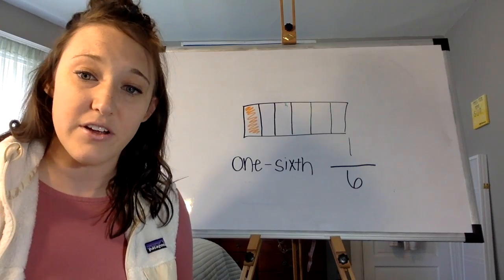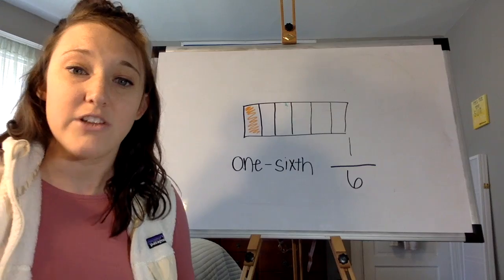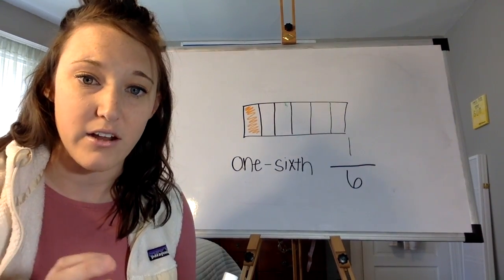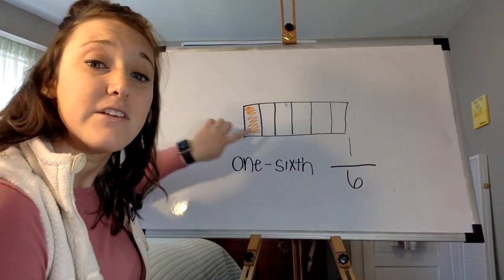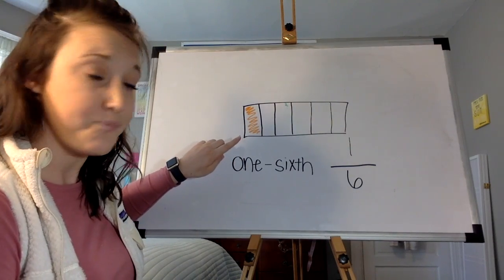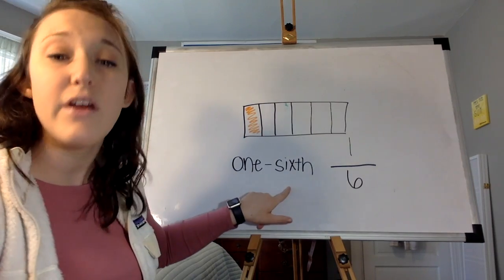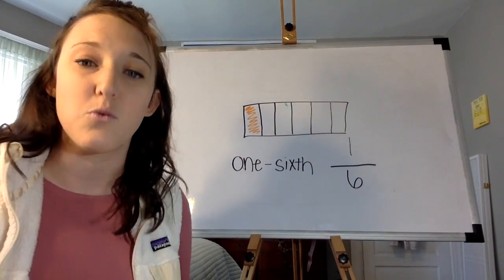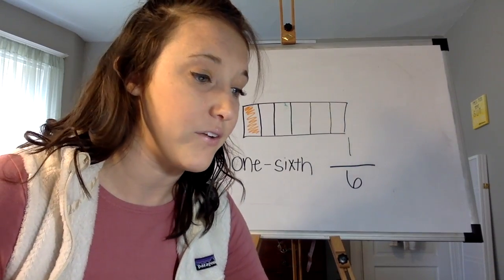So when naming the unit fraction, the first number is always going to be your numerator. It's always going to be the part of the fraction that we're looking at, okay? So the part that's shaded in, one part of the 6 equal units or shared units, okay? So it would be 1 hyphen, and then your denominator, the number of units, or the number of equal shares per whole, okay? So that's really what we're doing.